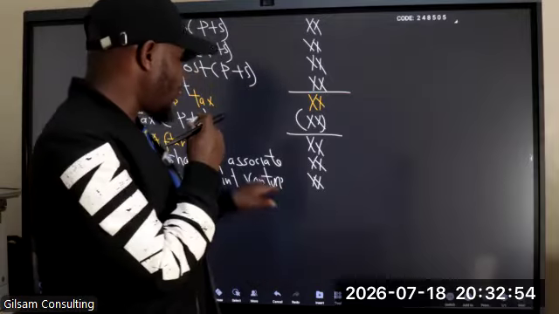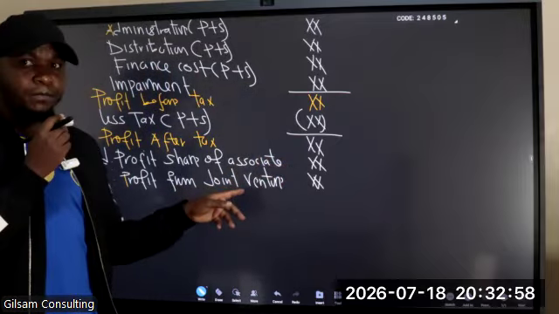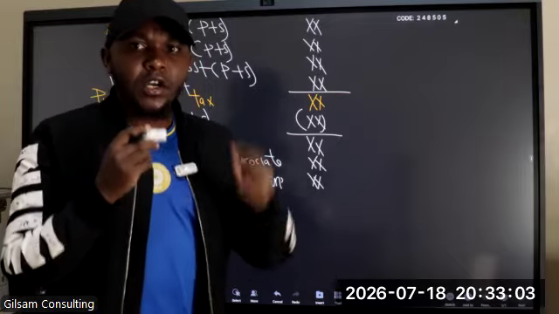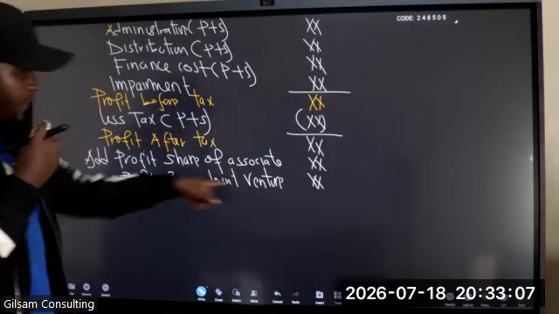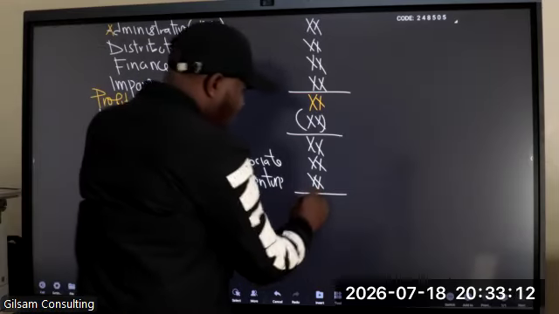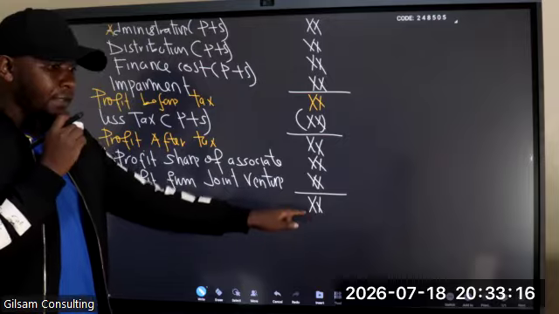That's why we are not consolidating the entire transaction of the joint venture. When the parent company owns exactly 50%, then we call it a joint venture. From there, we get the total profit after tax.